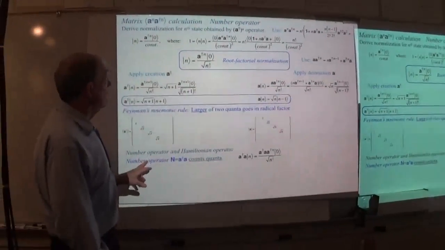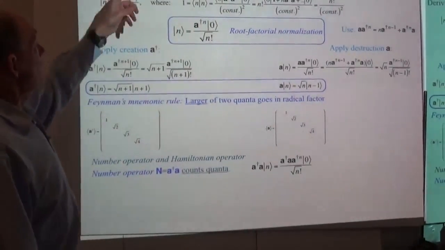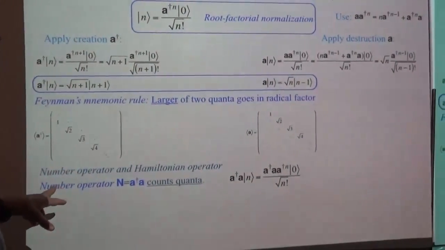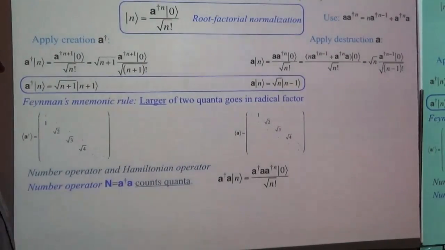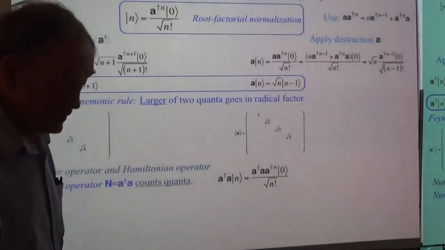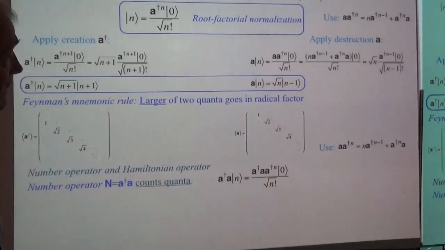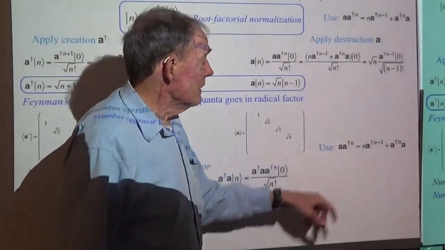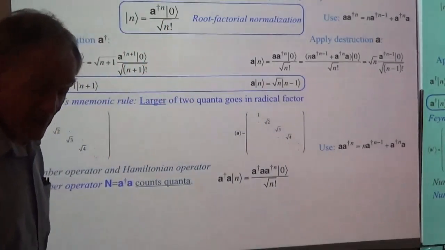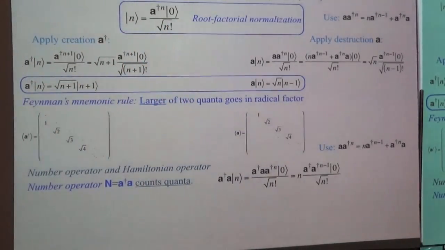This, I think, is really important: the Hamiltonian and the number operator. This thing right here counts quanta, and that's, I think, an important idea. We're going to use our little expansion again here, and this is the only thing that's surviving there, so I get an A dagger on a vacuum.